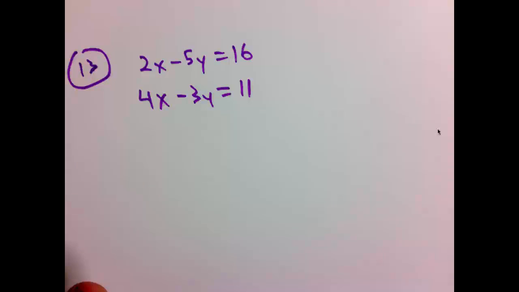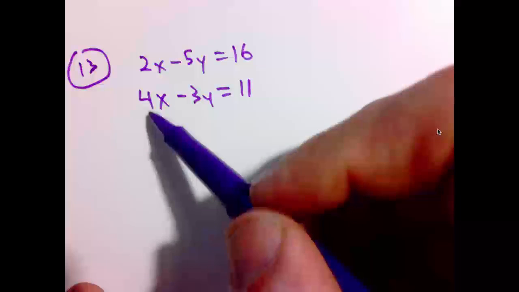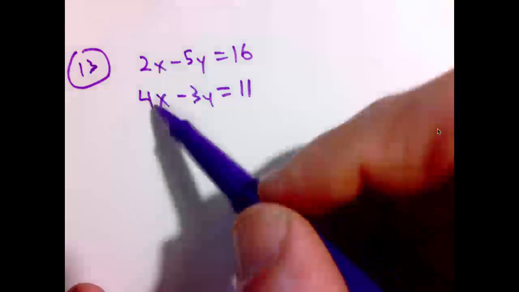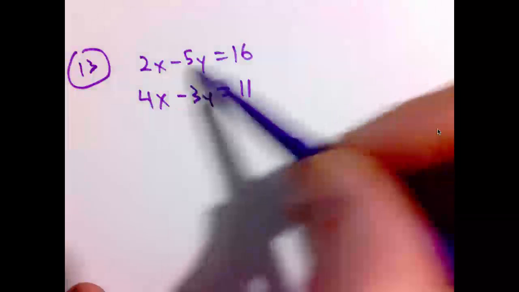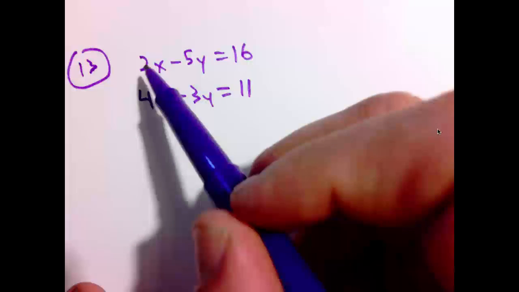Alright, what we're seeking is our additive inverses. That is, we want to have a positive and negative same absolute value situation. So here you see a 2x and a 4x. If we simply multiply this entire top equation by negative 2, we would have our additive inverses.